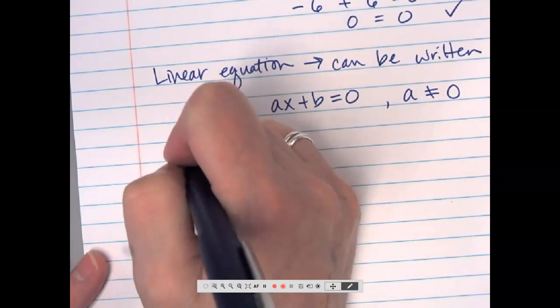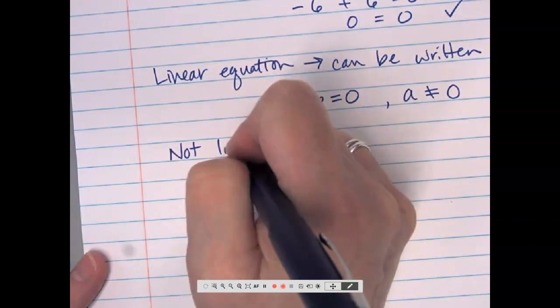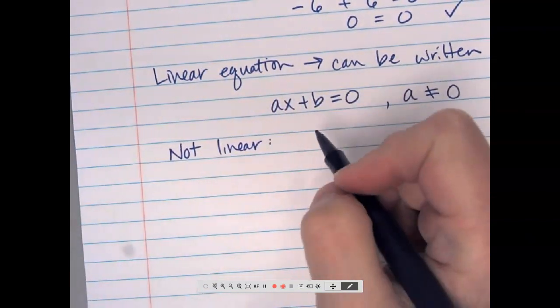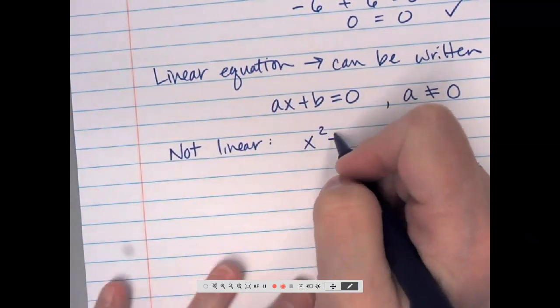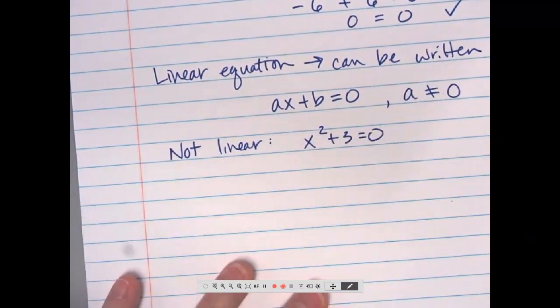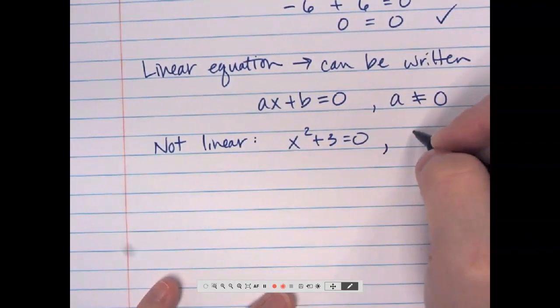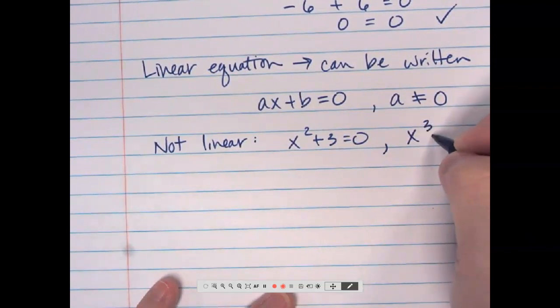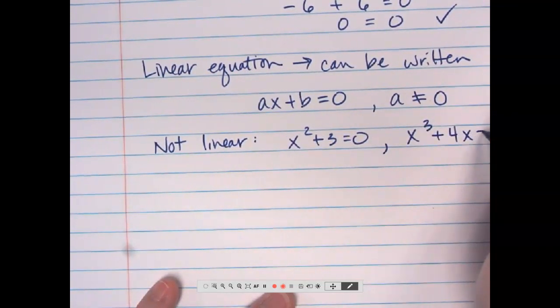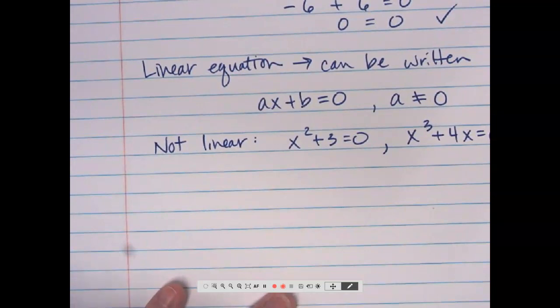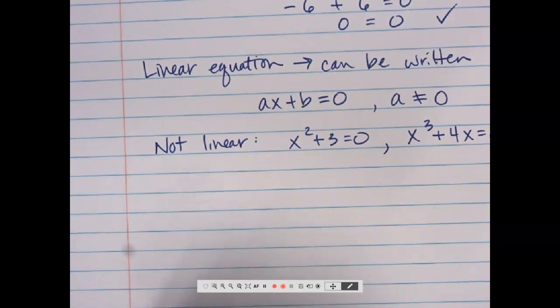So these are some examples that are not linear. x squared plus 3 equals 0. That would actually be called what instead of linear? Quadratic, because the exponent is 2. Something with a cube, or a power of 4, or 5, or 6, or anything 2 or larger as your exponent.